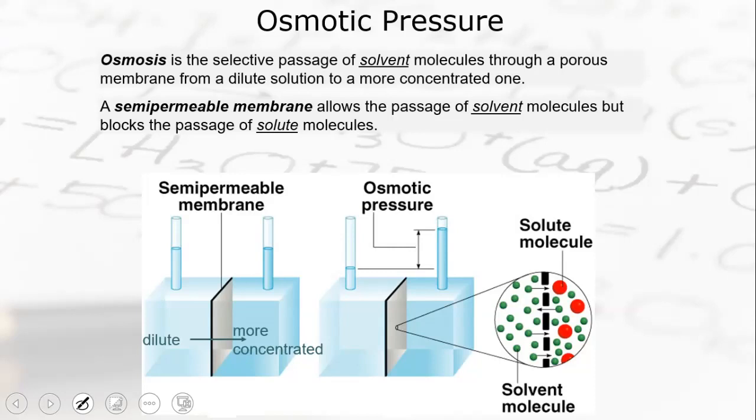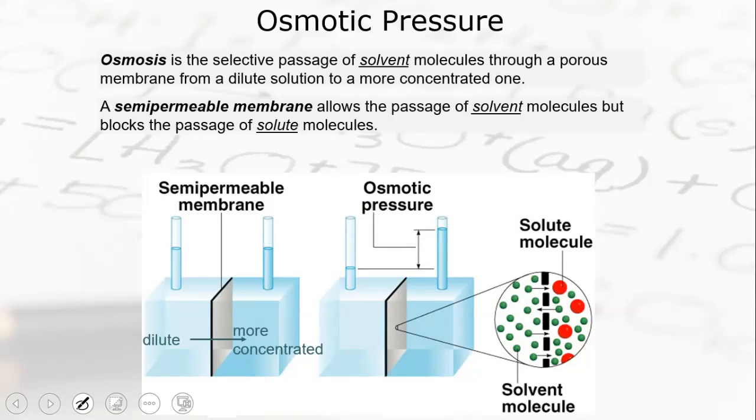Now, the thing is that because there are more molecules of solvent on the left side, when you add up all of the different back and forth movements, the net movement ends up being from left to right, from the more dilute to the more concentrated, from the one that has more solvent to the one that has less solvent.